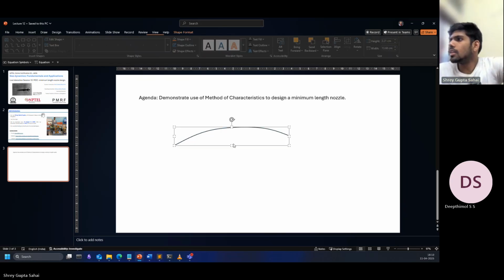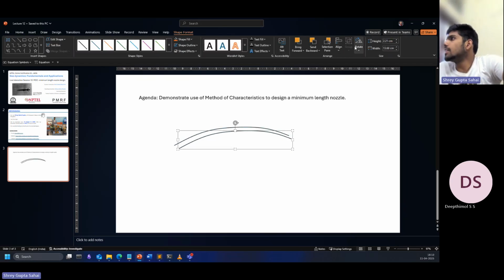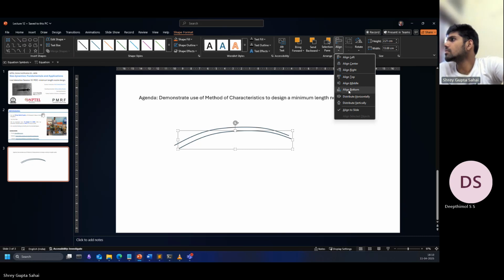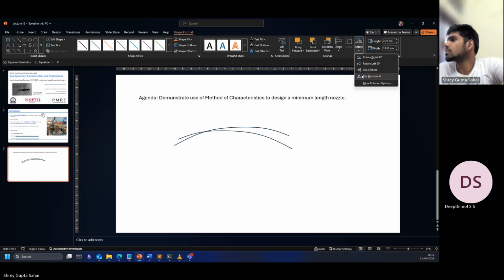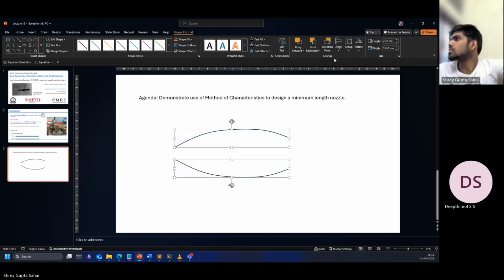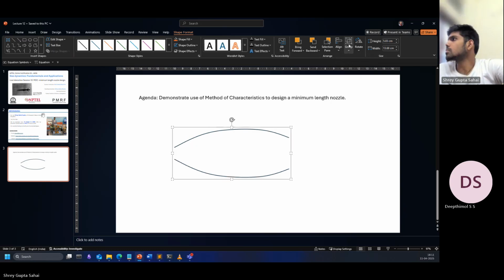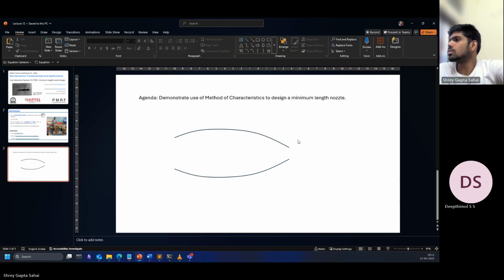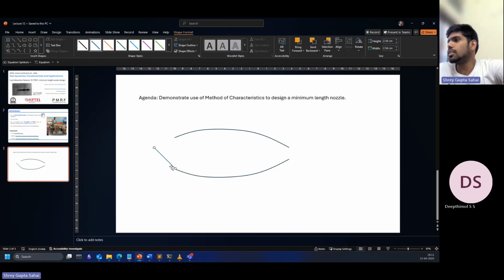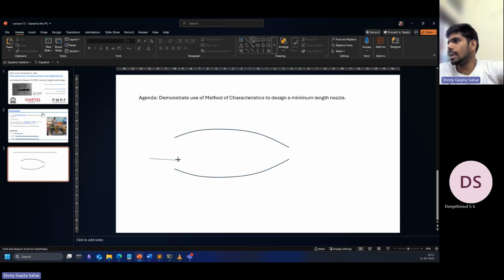Well, I have not drawn the nozzle very finely, but the thing is that we are given that there is a sonic flow at the entry.